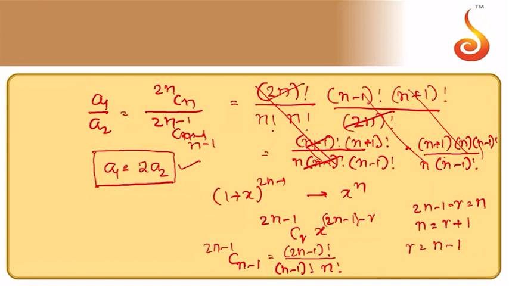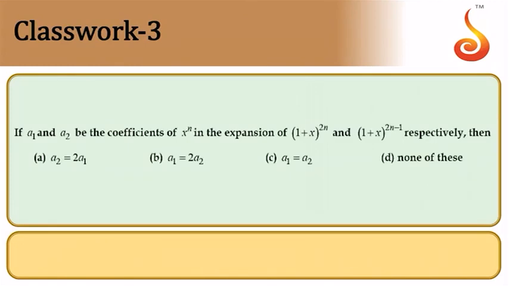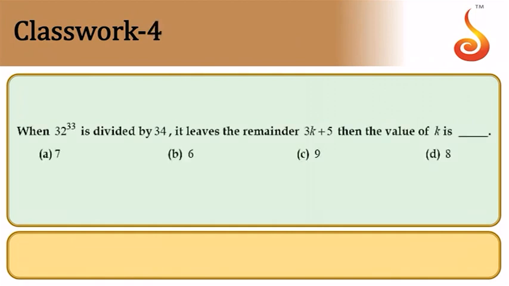So the coefficient of x to the power n will be 2n minus 1 Cr, x to the power r, with 2n minus 1 minus r equal to n. So n will cancel, n equal to r plus 1 and r equal to n minus 1. So we get A1 is equal to A2. Option B is correct.